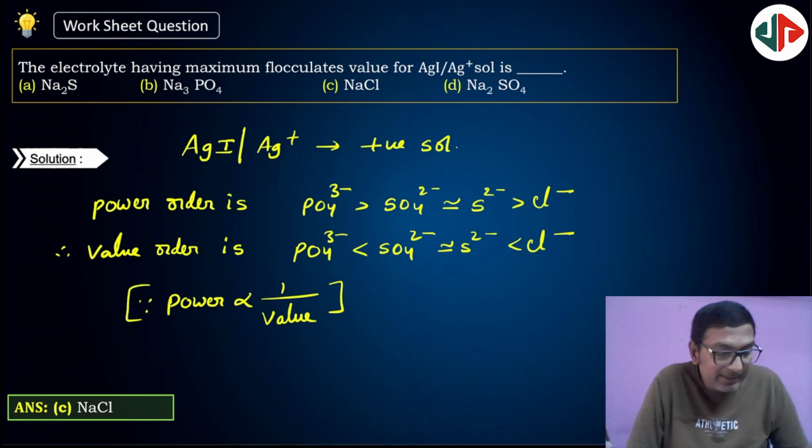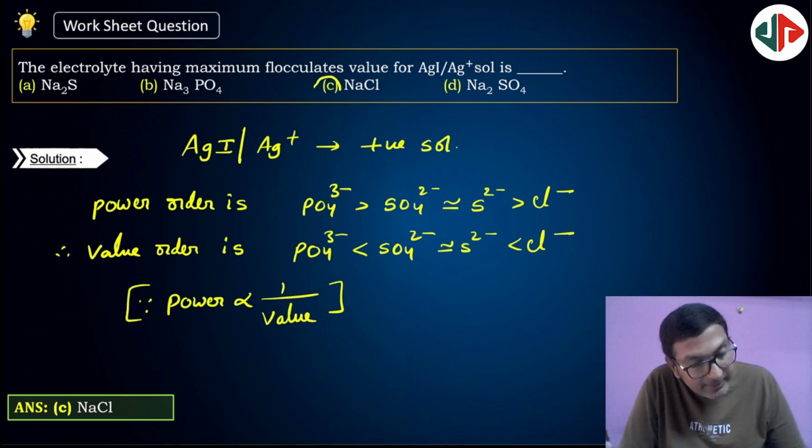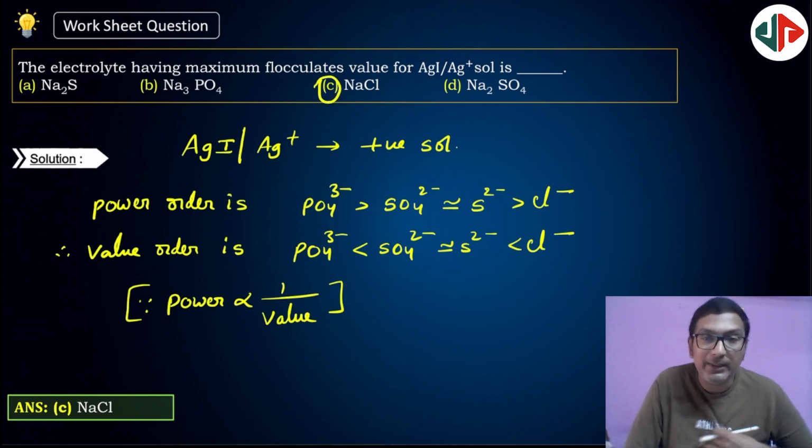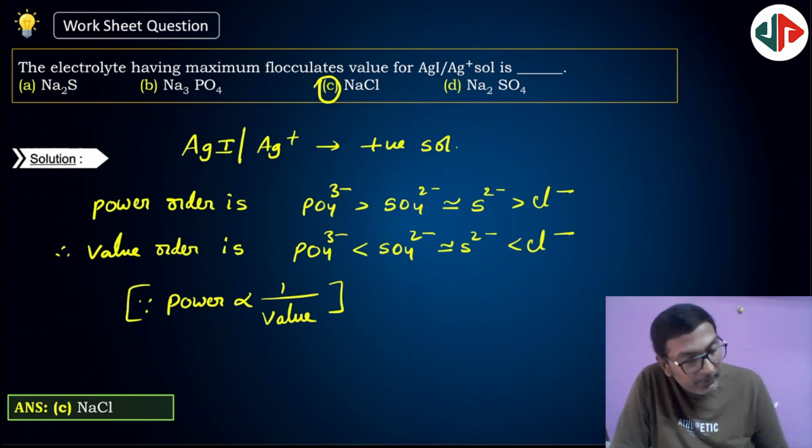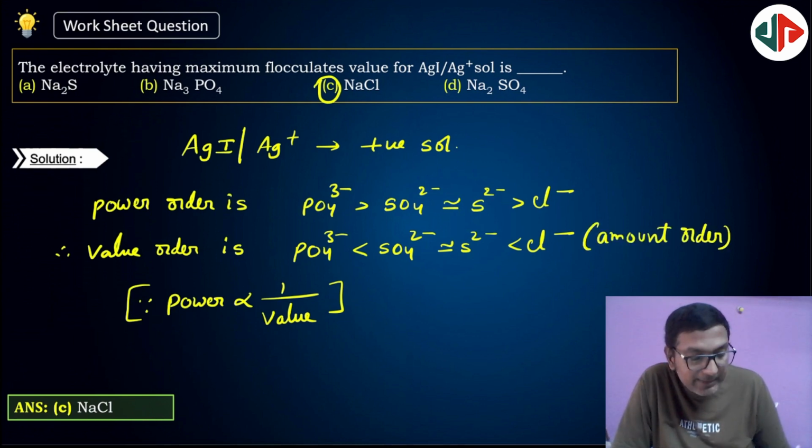Power is maximum for 3-. Value is high for Cl-. Therefore, more amount of NaCl is required. Value means here amount. More amount of NaCl is required due to minimum charge.